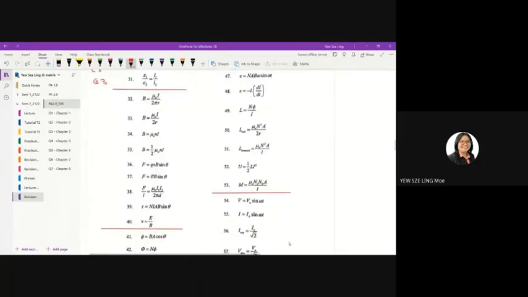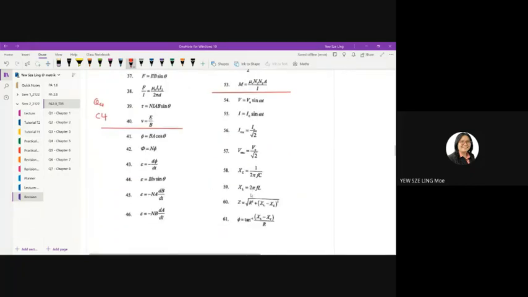Right? And then equations 32 until equations 40, that is the equation for chapter 4. Sometimes you might need to use it in question 4, and sometimes you might not. Why? Because question 4 is coming from chapter 5. And for chapter 5, you have the equation B right here.